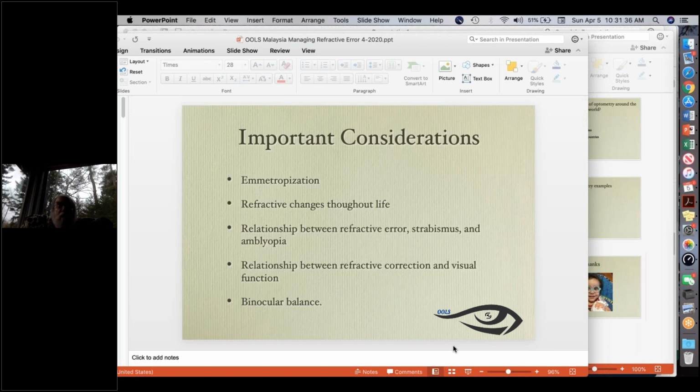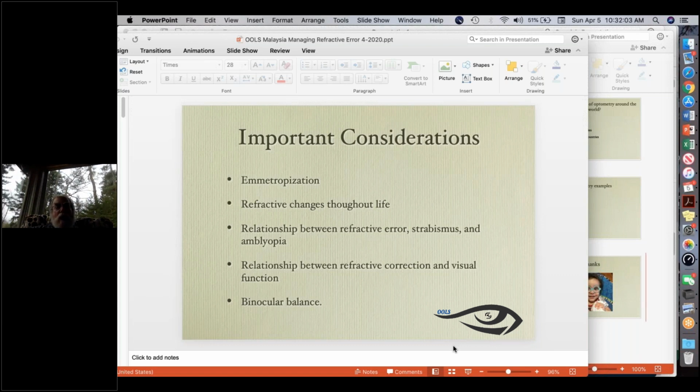There's a lot of work being done now looking at accommodation in young kids to determine if in fact that's true. But there are pretty good clinical indications that a child that is moderately to highly hyperopic at 2 years of age, that has poor accommodation, is going to stay that way, both in terms of poor accommodation and in terms of maintaining that high refractive error.